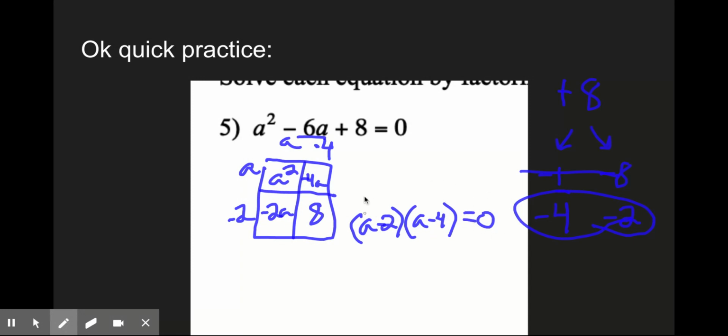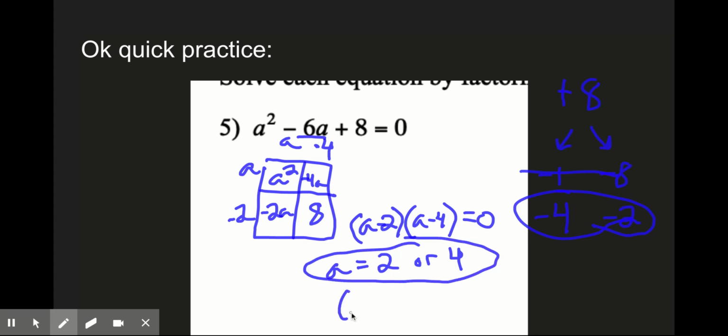When do I put something in for a and the result is a 0. That's what we consider the solution. So you could say, well, a is 2 or 4, and I would say you're correct. Or you could say 2, 0, 4, 0, and I would say, yep, those are also solutions.